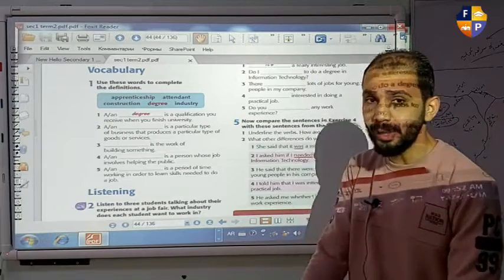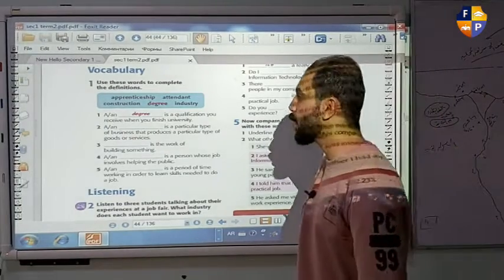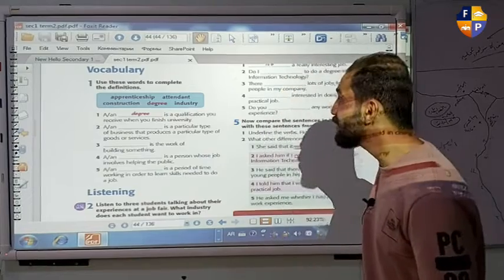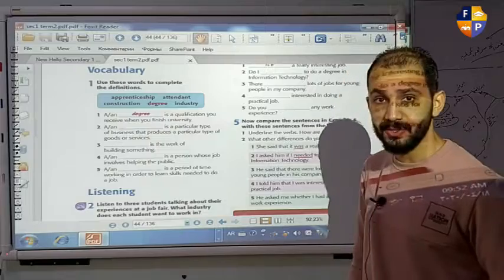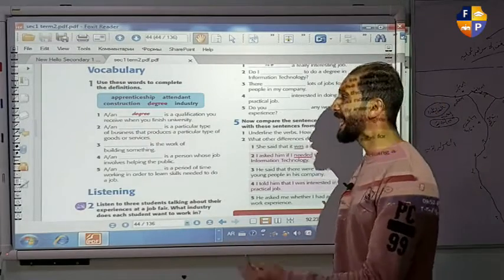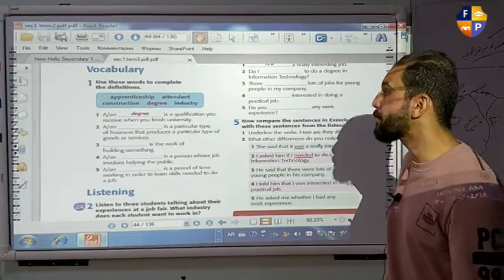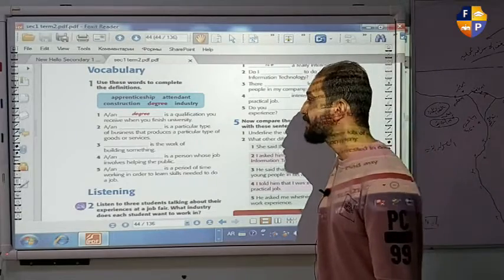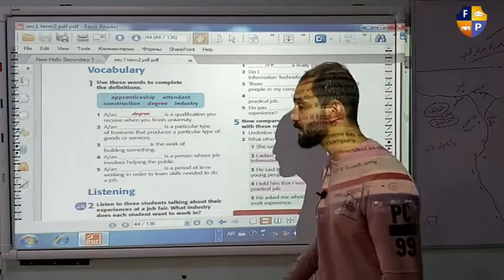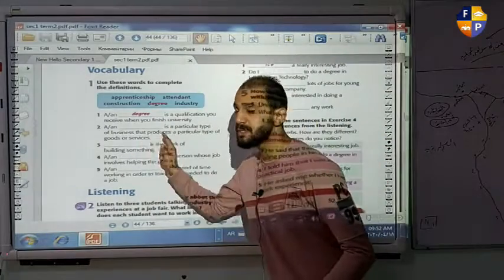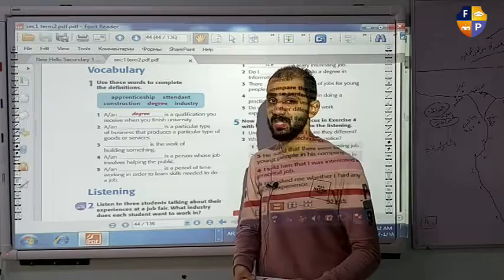Number 1, the answer is given. A or an degree is a qualification you receive when you finish university. Number 2, a or an space is a practical type of business that produces a particular type of goods or service. Which one of these words is suitable for this space?